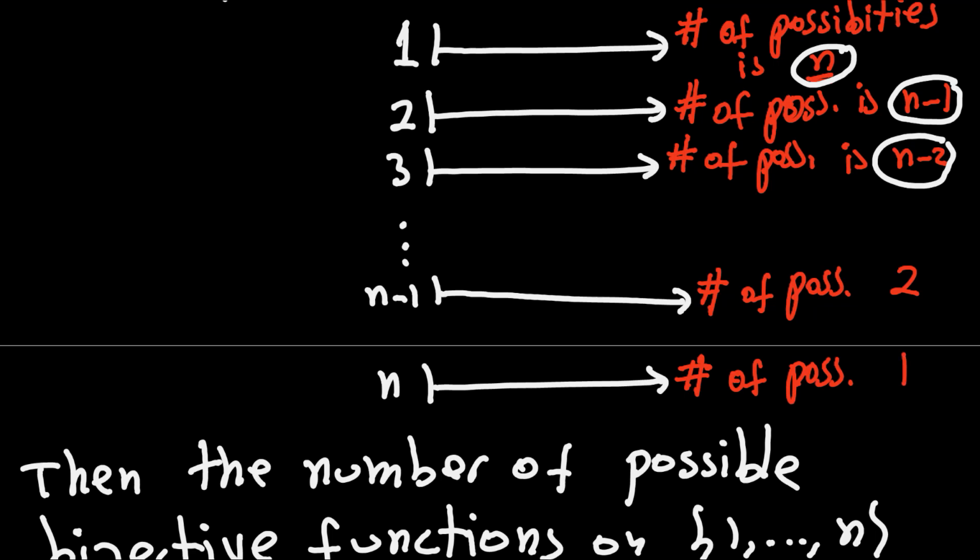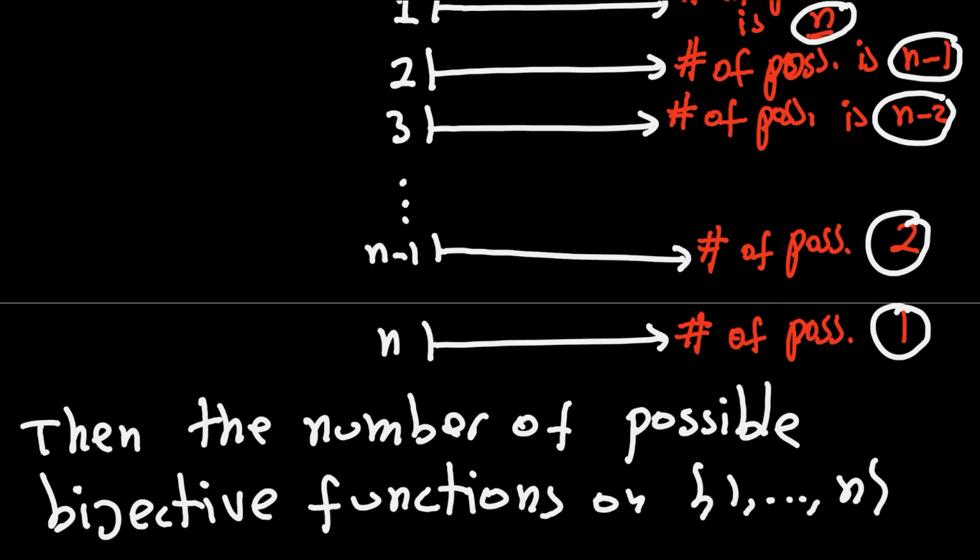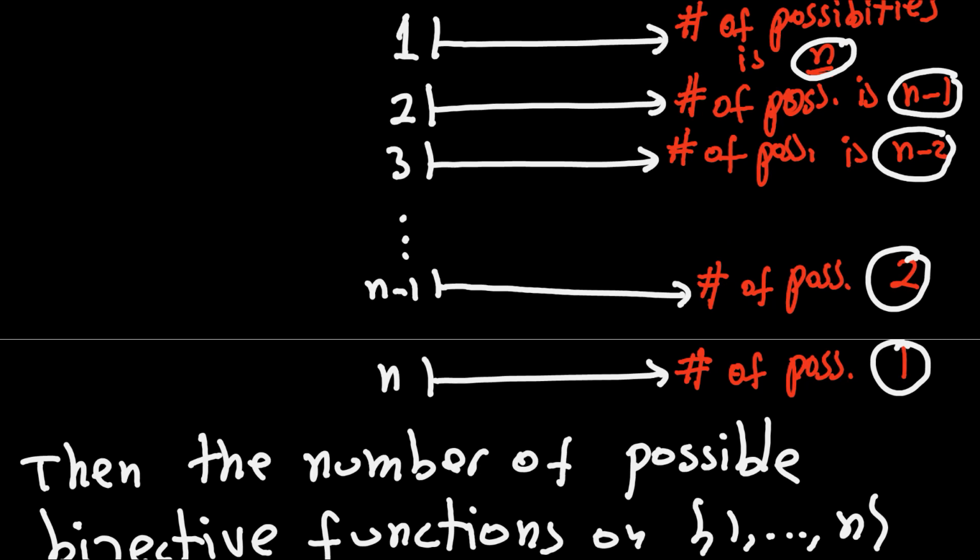So then we have all possible values here. So we have n choices for 1, for 2 we have n minus 1 choices, for 3 we have n minus 2 choices, and so on until you get to the last one. Once you get to the last one, you have already chosen n minus 1, so you only can choose one choice here. Now all these choices here, for every choice that you make here, there is one choice that you can make here, and so on.